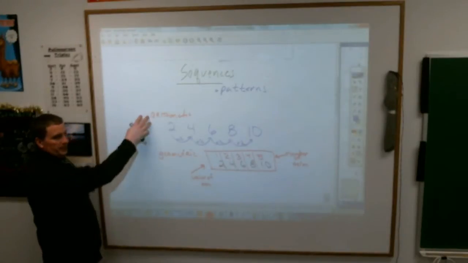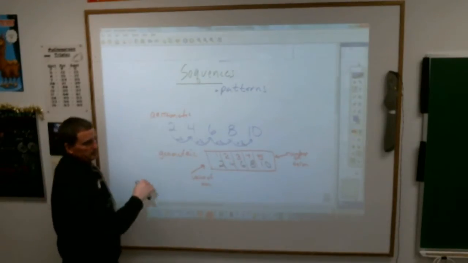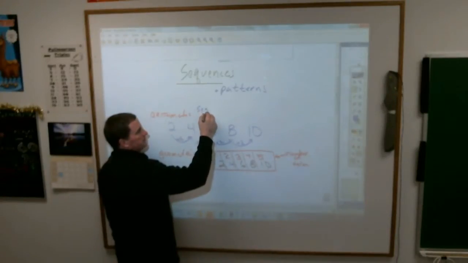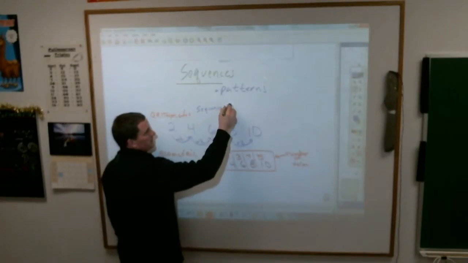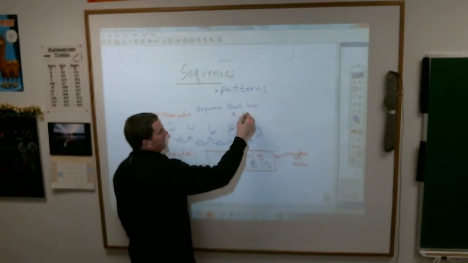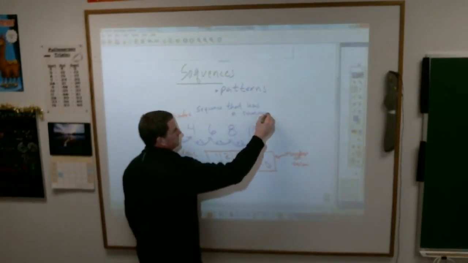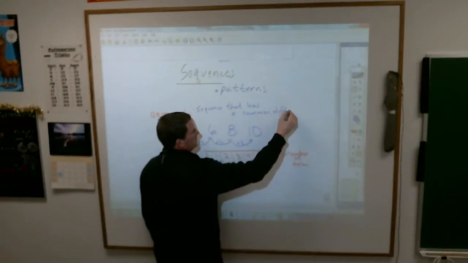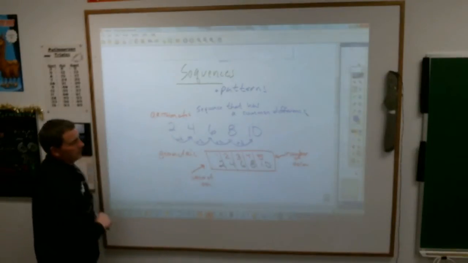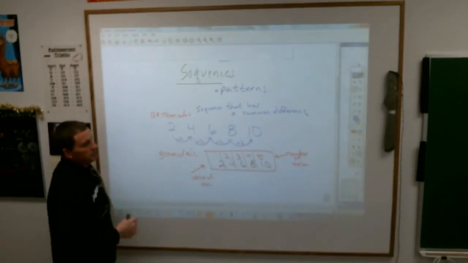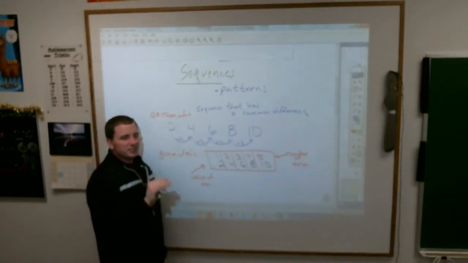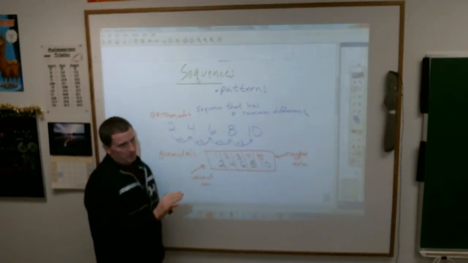And an arithmetic sequence, they say, is a sequence that has a common difference. In 7th grade terms, a common difference just means that you get there by adding or subtracting.